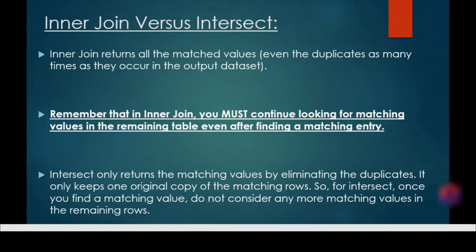So if it finds 1, 1, it will only keep one row. It will not bother to include the remaining occurrences of 1, 1, no matter there are many in our scenario. So intersect will always exclude the duplicate values and keep only one original copy of the matching rows. That is the core idea behind inner join versus intersect.